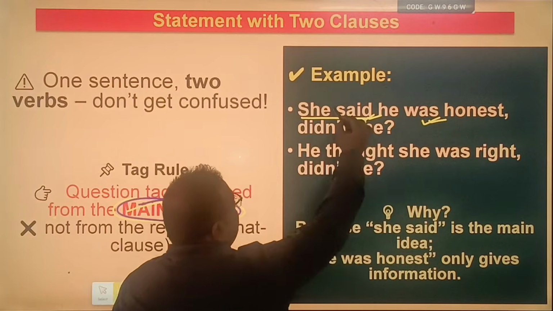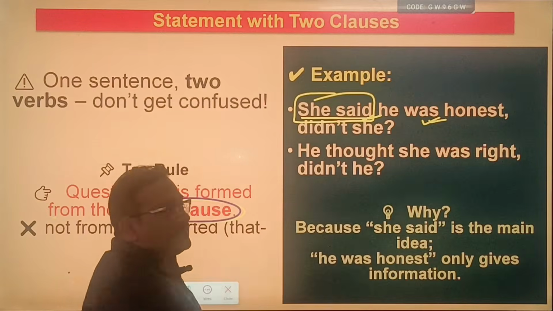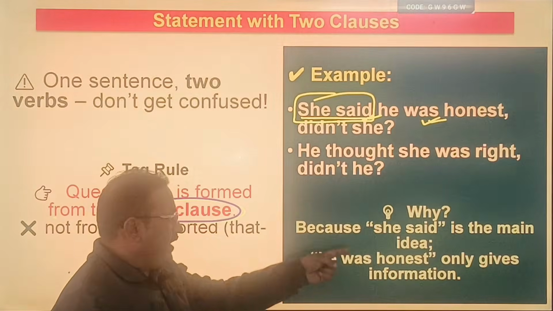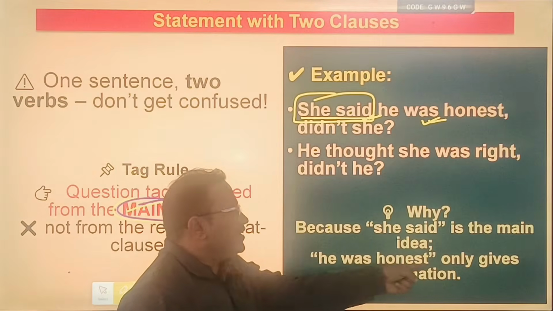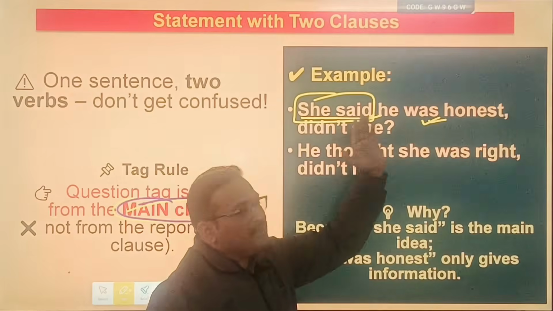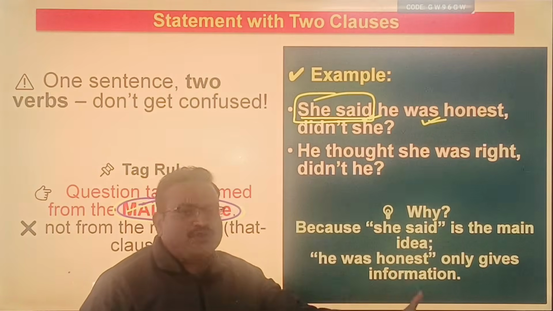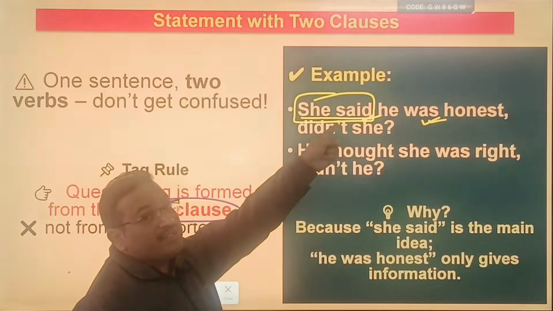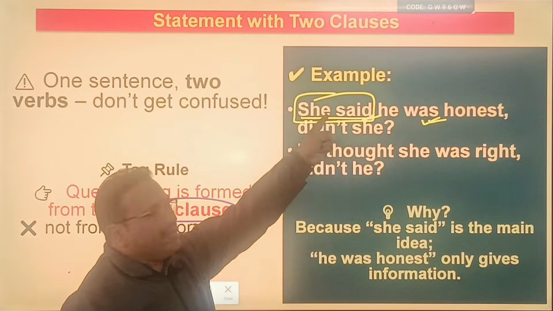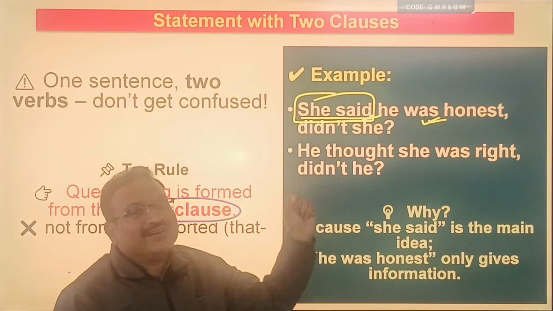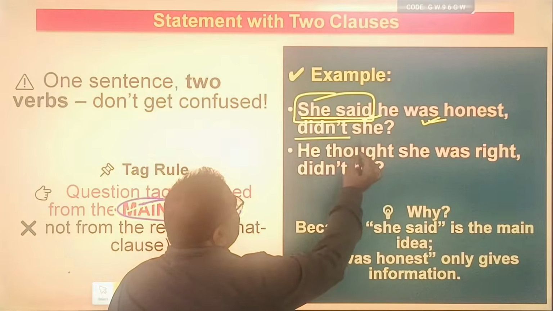We'll use the main clause. She said will be the main clause. Why? Because she said is the main idea and he was honest only gives information. The other part of the sentence is just giving you extra information. What is the main clause? She said. So she said will be the main clause and according to this we will do the question tag. So she said, simple past, so didn't she?